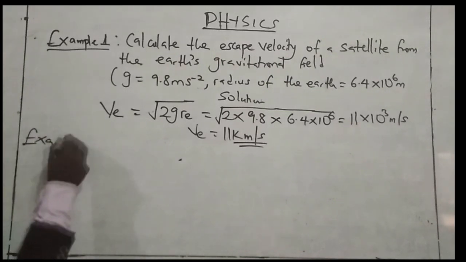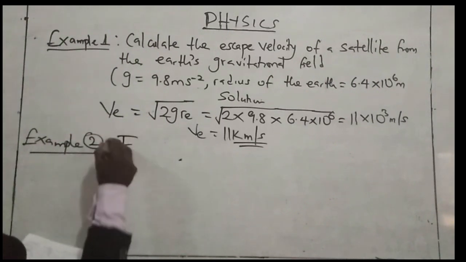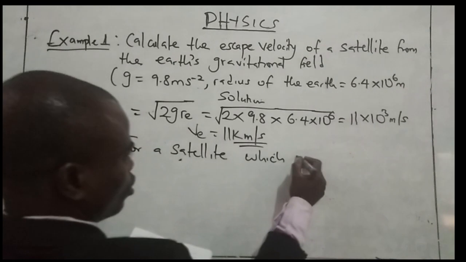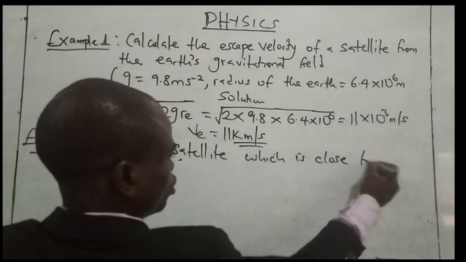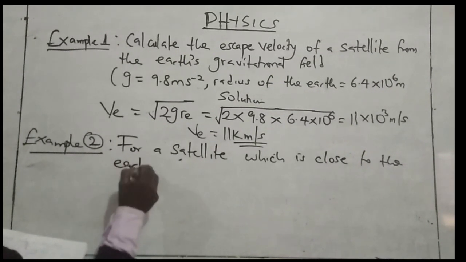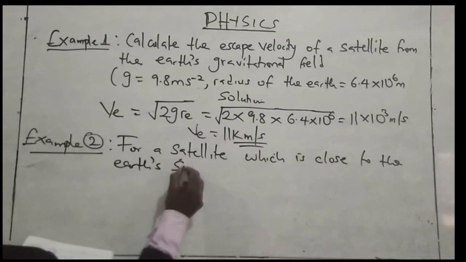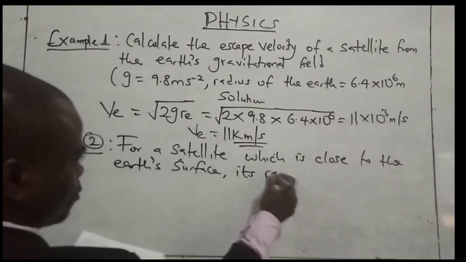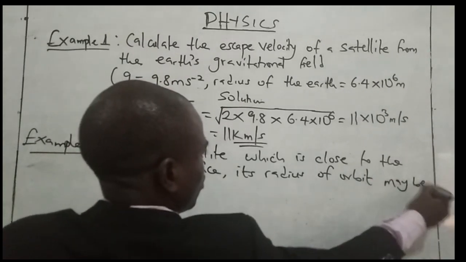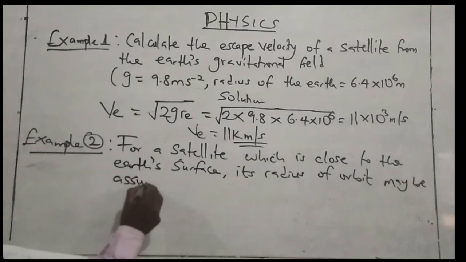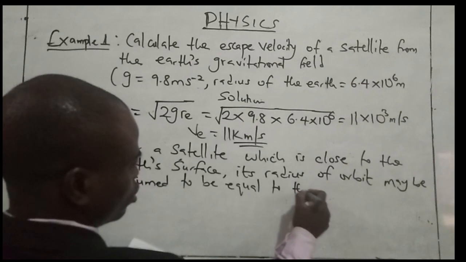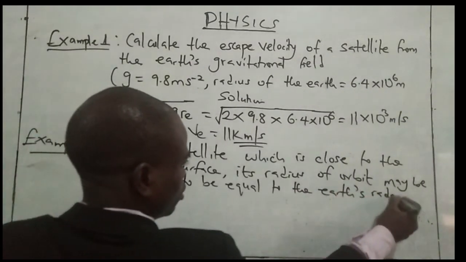Now, example 2. For a satellite which is close to the Earth's surface, its radius of orbit may be assumed to be equal to the Earth's radius.